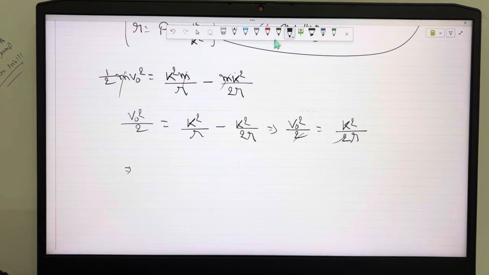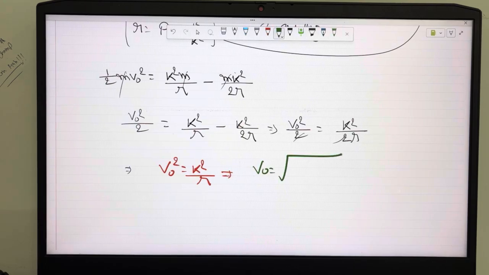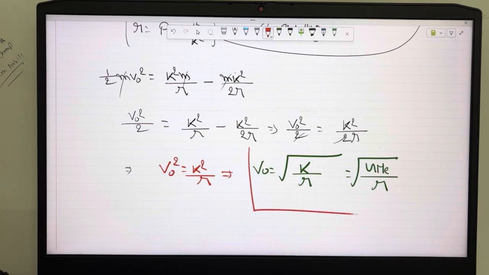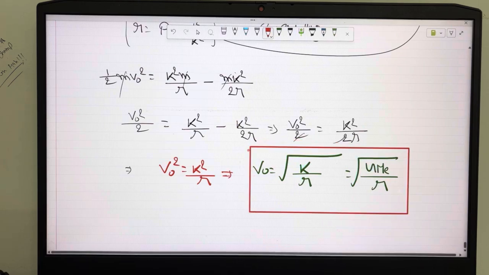Then v naught square is equal to k square by r, which will be v naught equal to root under k square by r, that is equal to root under GM divided by r. This is your orbital velocity, which is rotating about this.